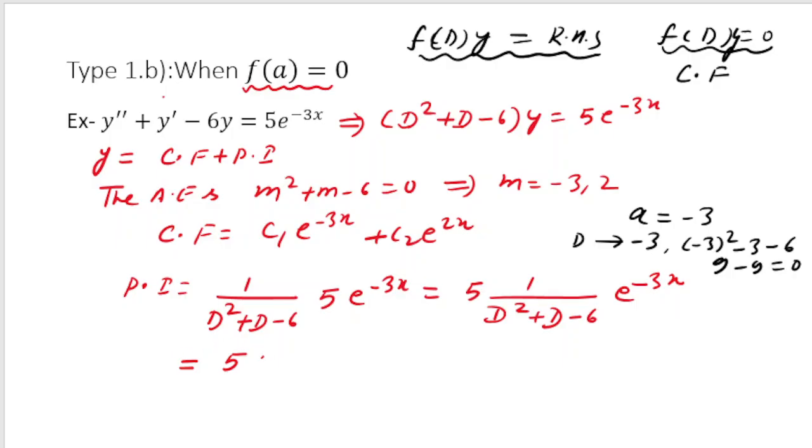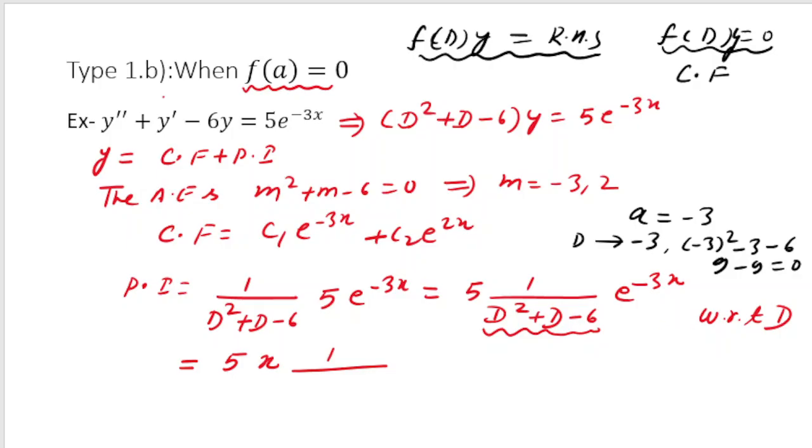We multiply x before the operator, meaning we take x before the operator. This x is independent of the operator, right?